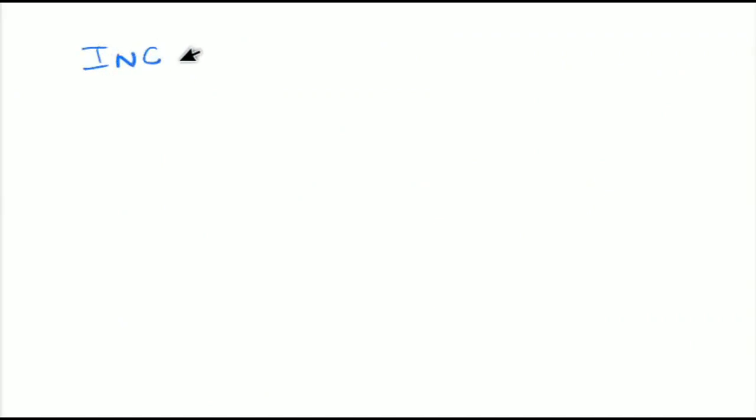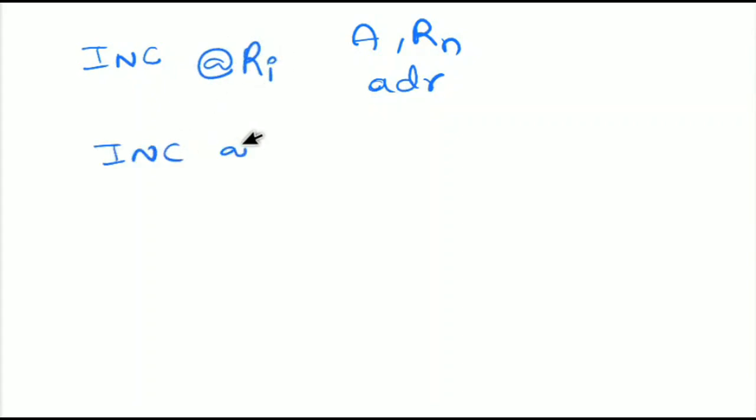Next one, INC. We have seen register A and general purpose registers R0 to R7. Then we have seen address. Now we are going to see register indirect. Here the possibilities are INC @R0, INC @R1.